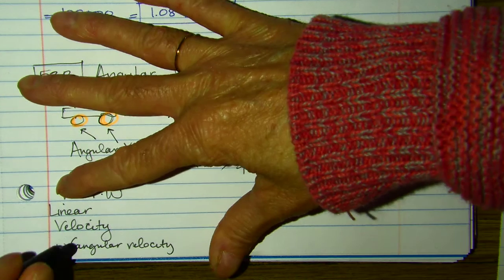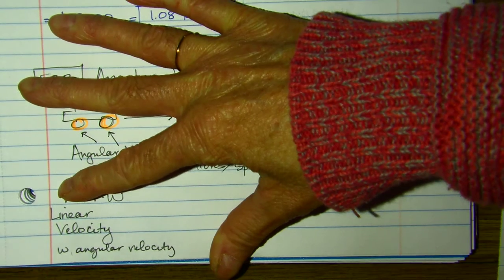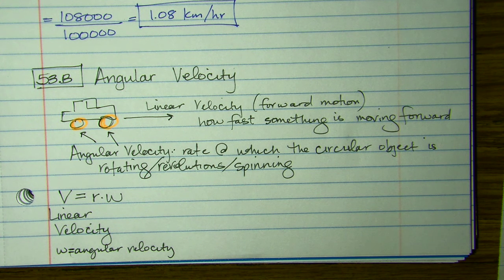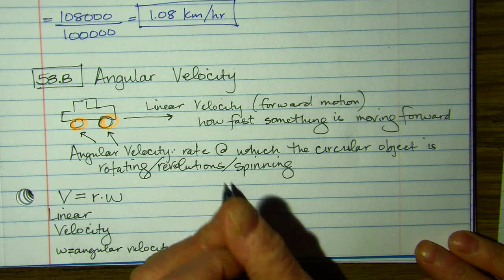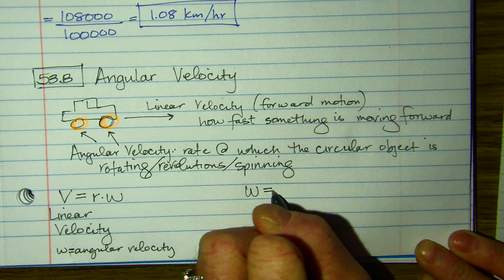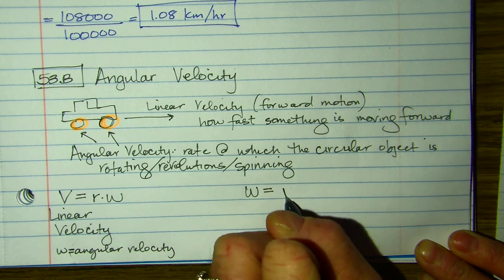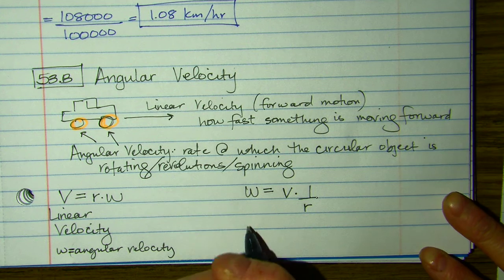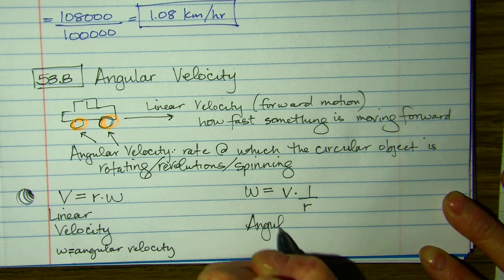I should have put an equal sign and not parentheses. R represents your radians or your rotations, but we'll go over that in a second. Your angular velocity is W equals your linear times 1 over R. And so this is my angular.